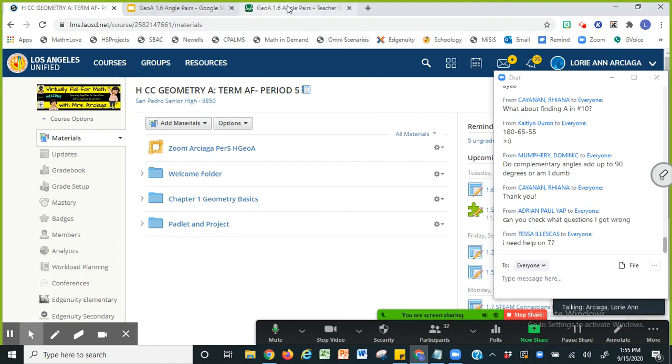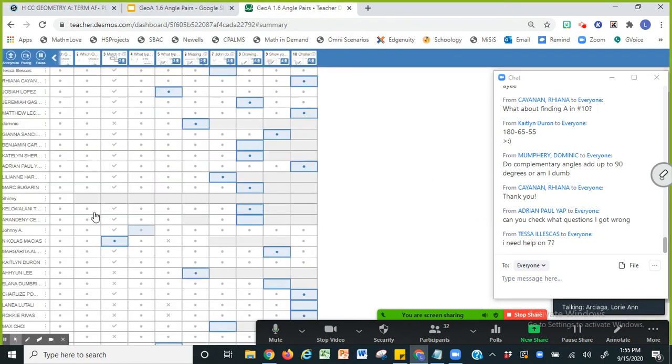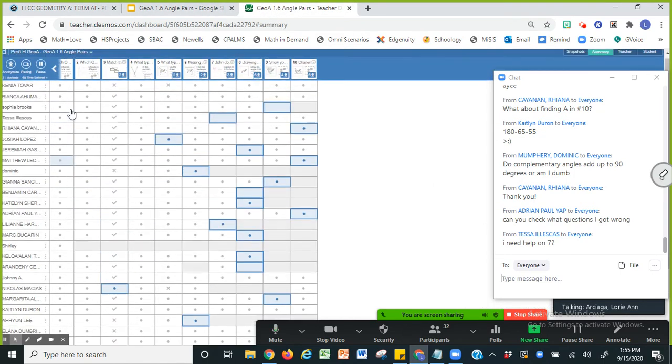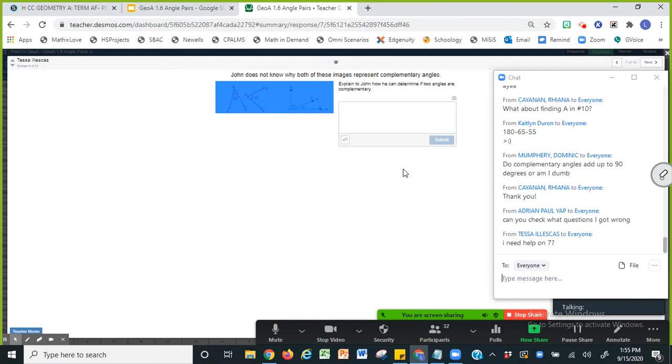I need help on 7. I'm going there. Tessa, 7, right here. Explain to John how he can determine if two angles are complementary. So the condition for complementary is if they add up to 90 degrees, right?